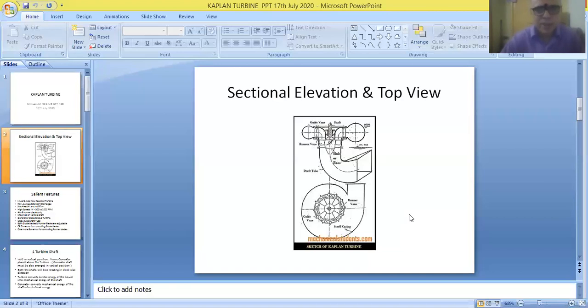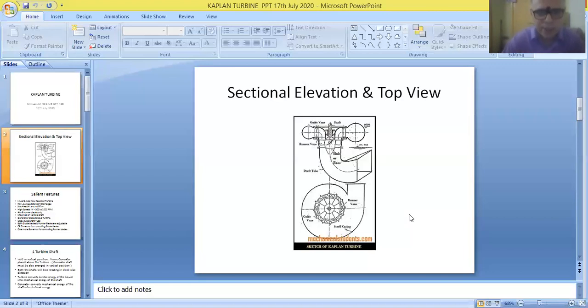So this way, initially the turbine will be converting the pressure energy into kinetic energy of the liquid, and finally it will be converting kinetic energy of the liquid into mechanical energy of the shaft, and ultimately the generator will be converting mechanical energy of the shaft into electrical energy, that is referred to as power generation.